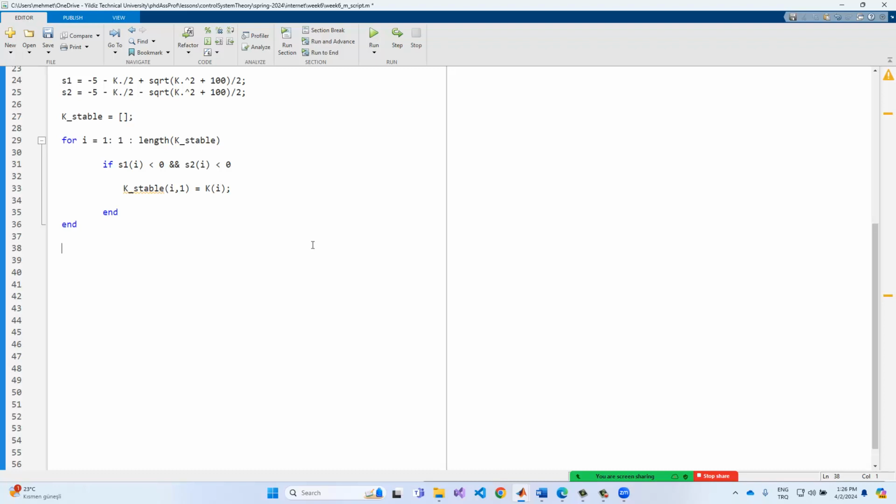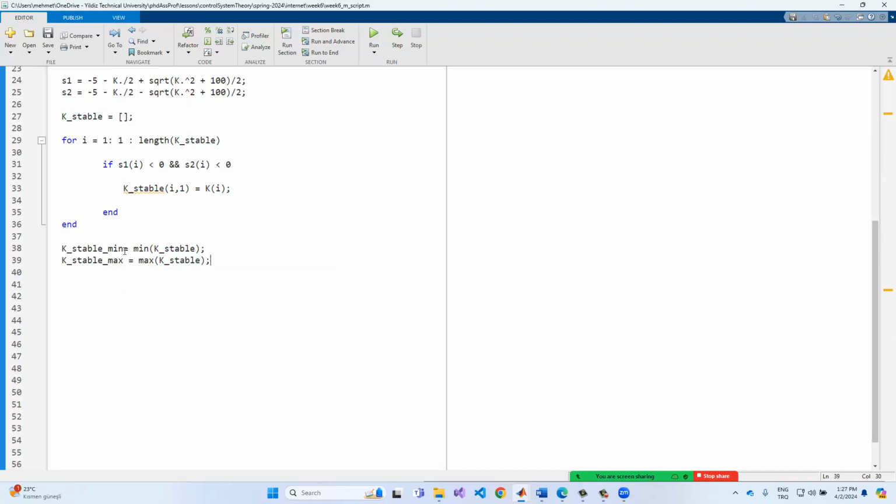After that, if we have this information, we can write these terms in here, just like this one. The k stable minimum value is equal to what? The min of k stable, right? Or k stable maximum value is equal to what? The max of k stable.